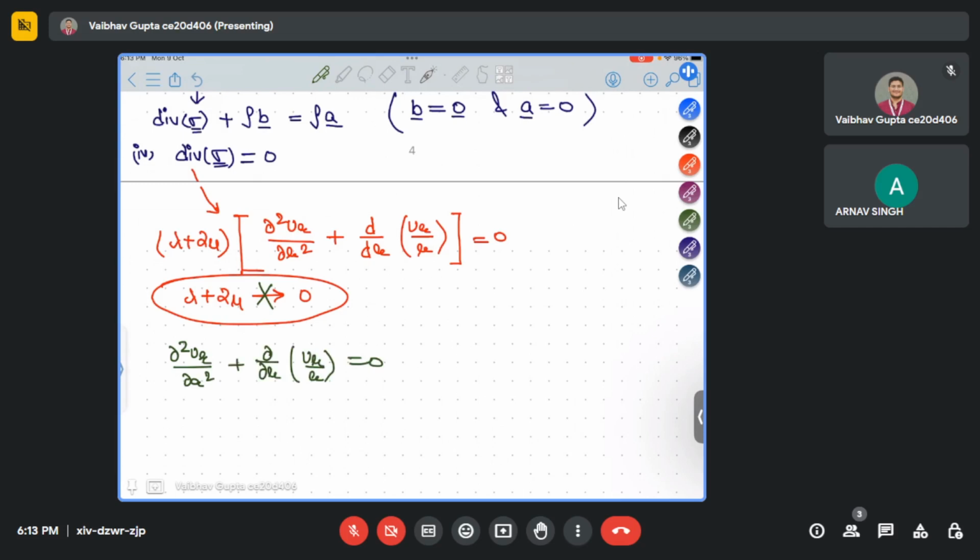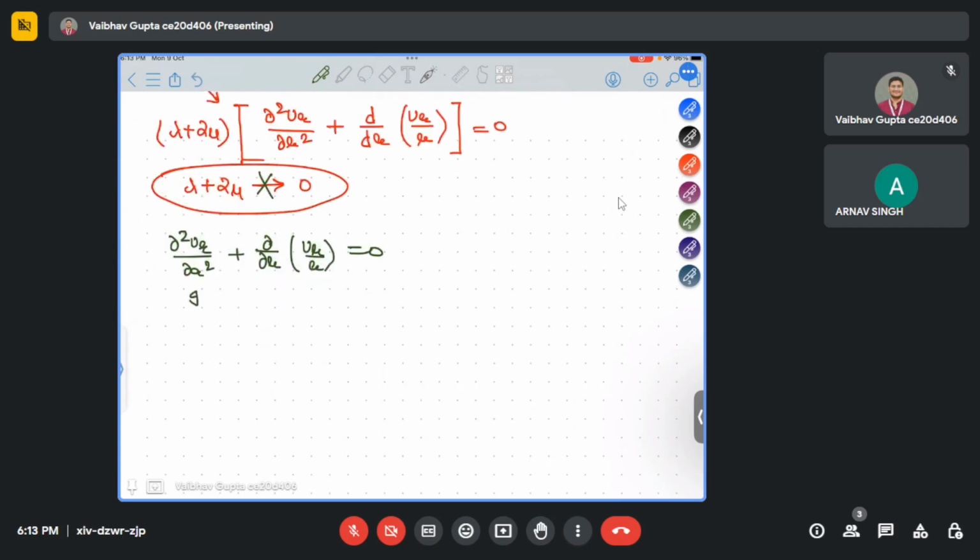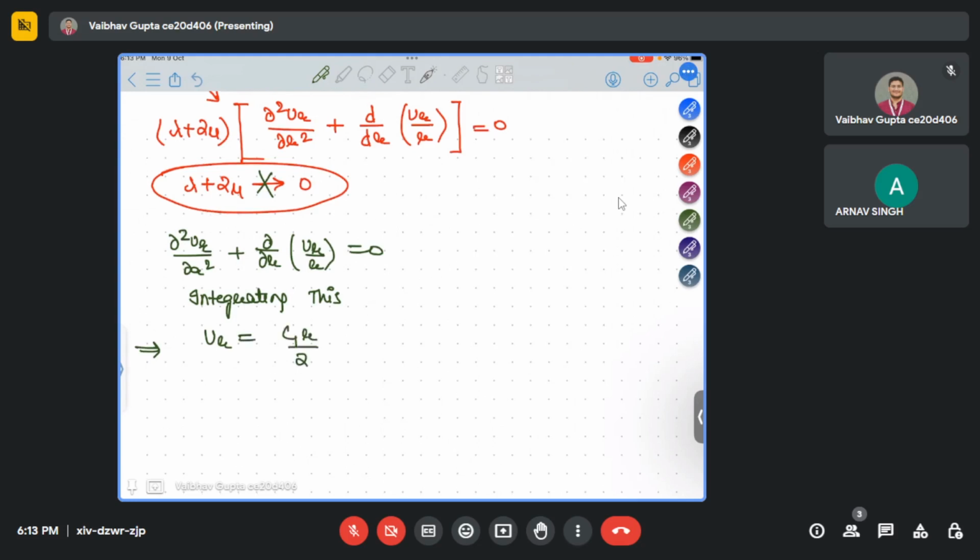After integrating this, the final result you will get is that ur is nothing but c1 r by 2 plus c2 by r. If you have seen the lecture, you will be familiar with this formula.